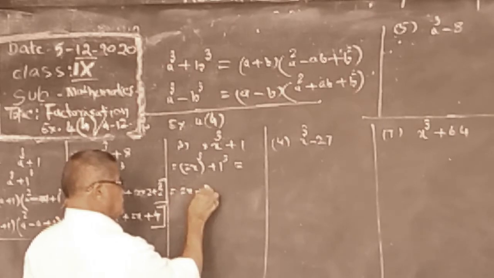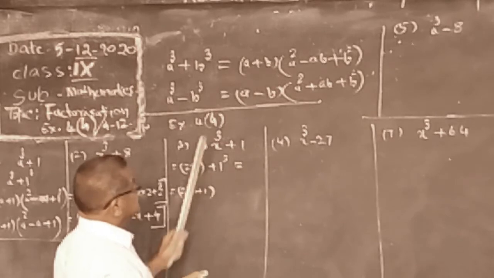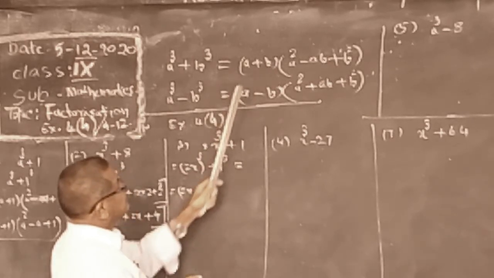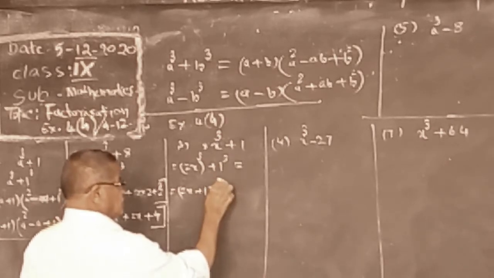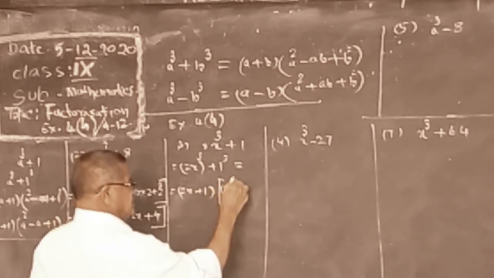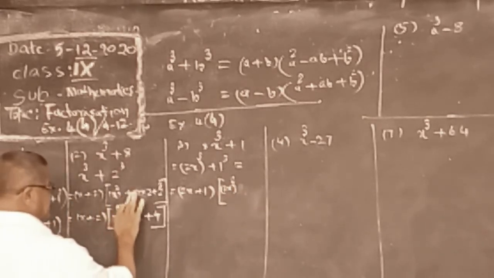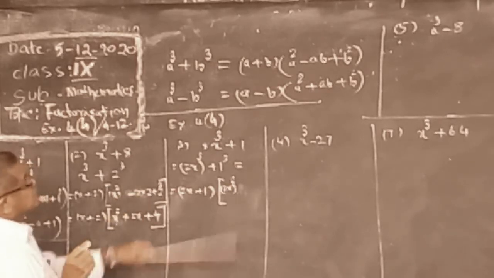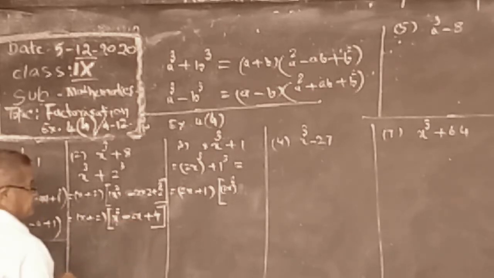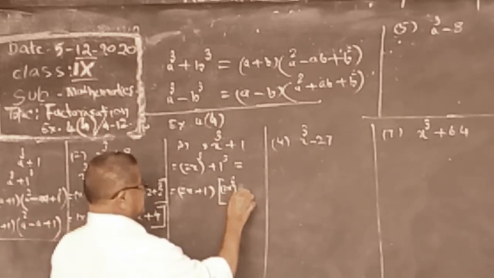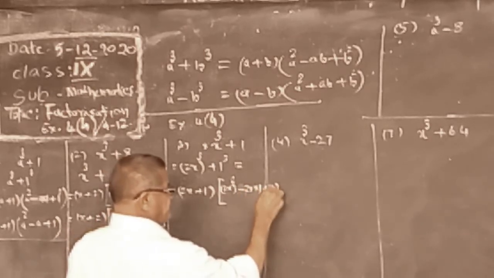According to this formula, (a plus b), in place of a, 2x is there, b means 1, and a squared is (2x) squared, then in the middle, plus means minus, minus 2x into 1 plus 1 squared.